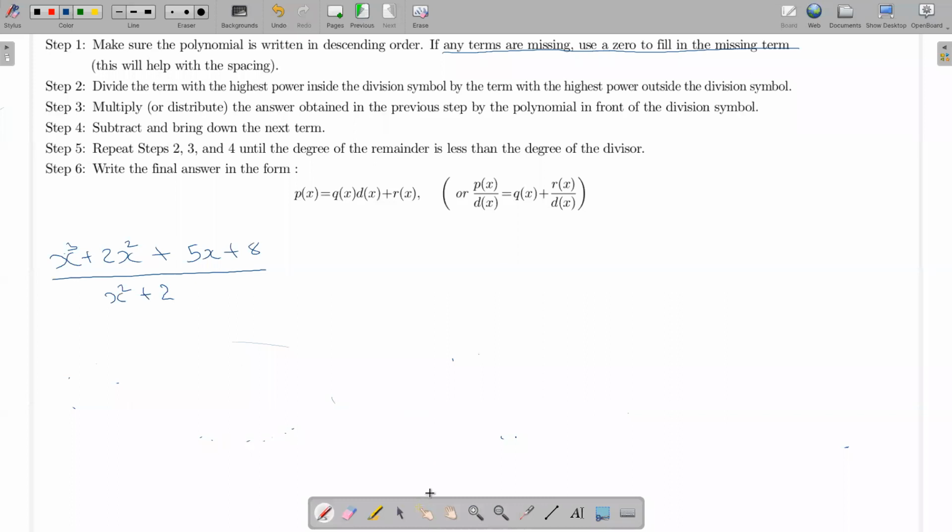Okay. So here again, step one, setting the problem. Yeah, we have x squared plus 2.